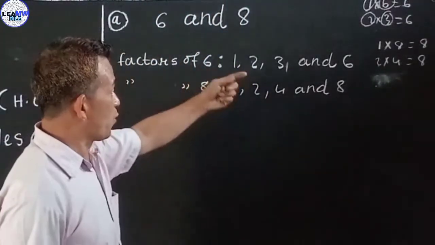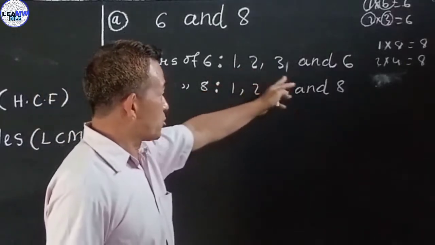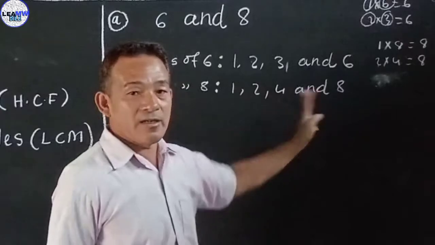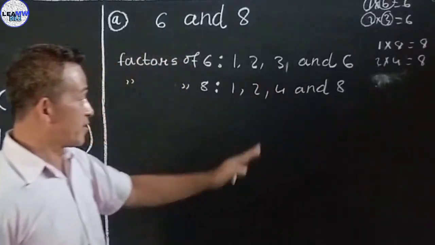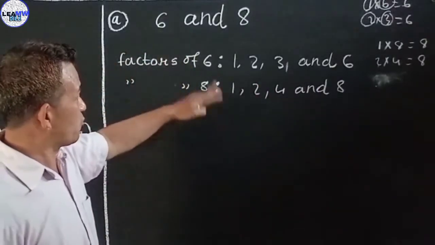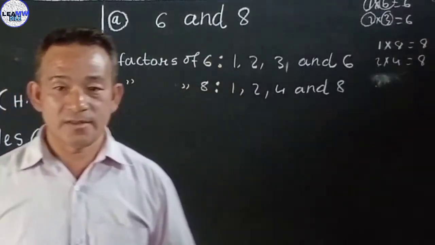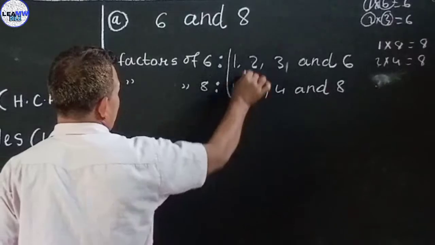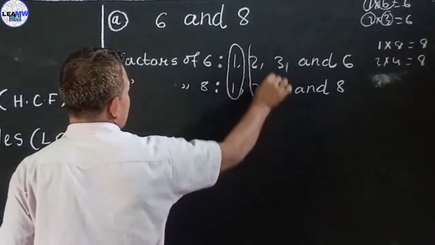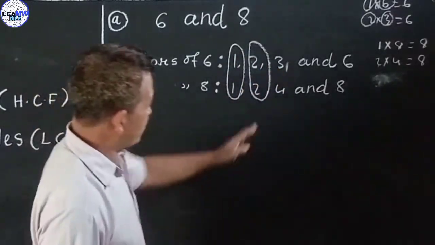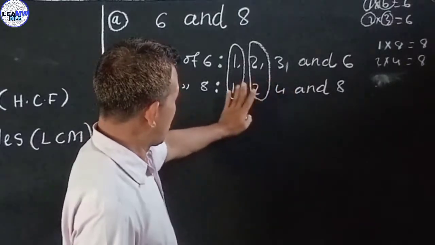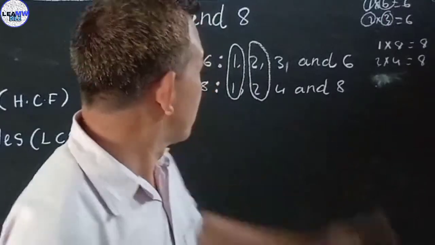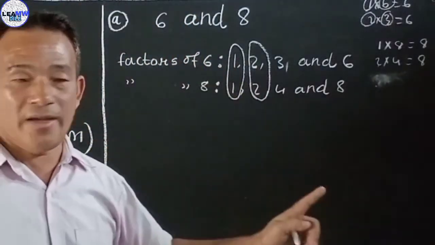So we have found that 1, 2, 3 and 6 are the factors of 6, and 1, 2, 4 and 8 are the factors of 8. Now you have to find the common factors. Here the common factors are 1 and 2. Why?